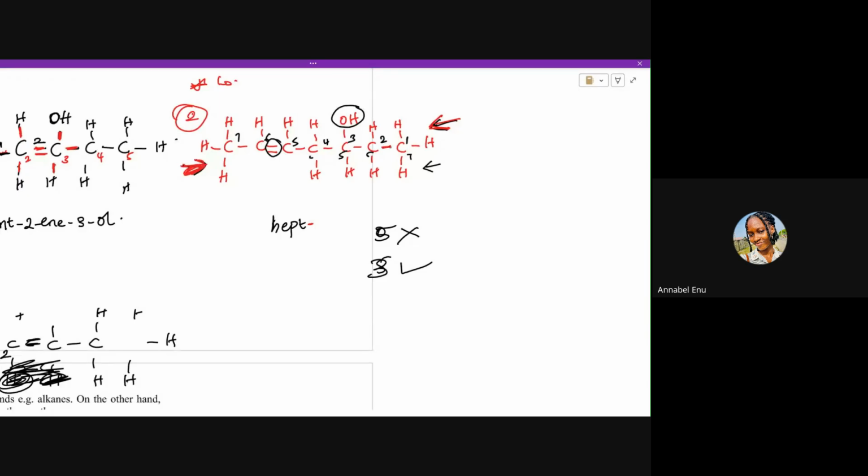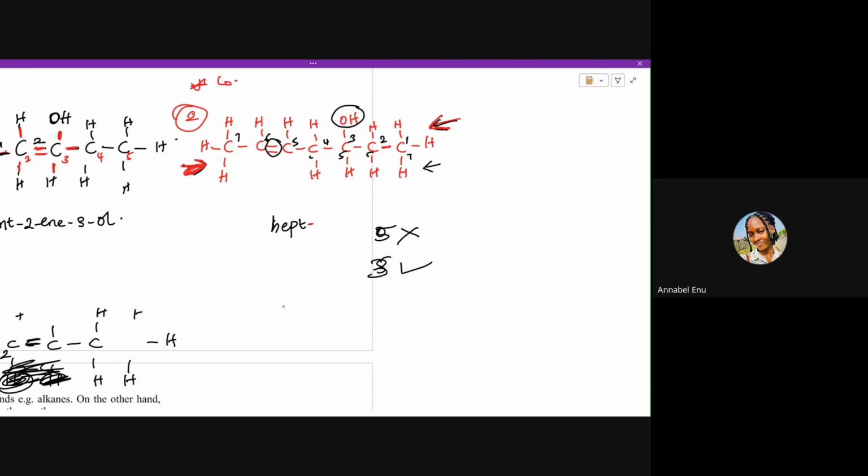This double bond, this is 6. Bond 1, 2, 3, 4, 5. Okay? The double bond is what? Let me remove the number.